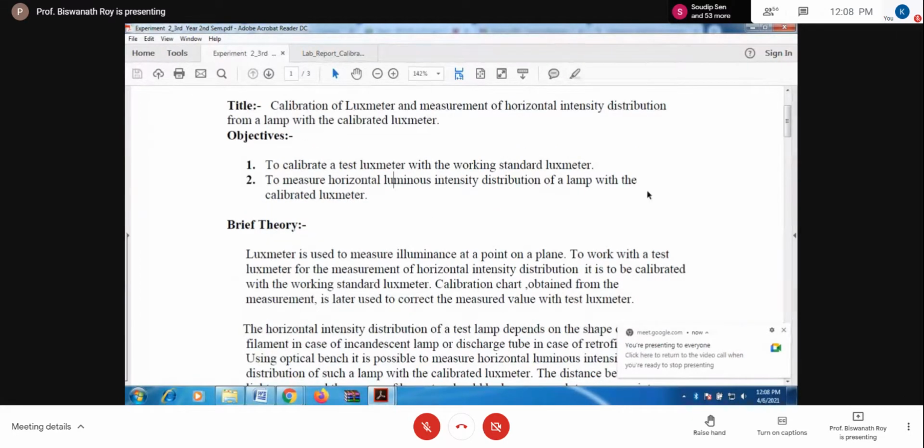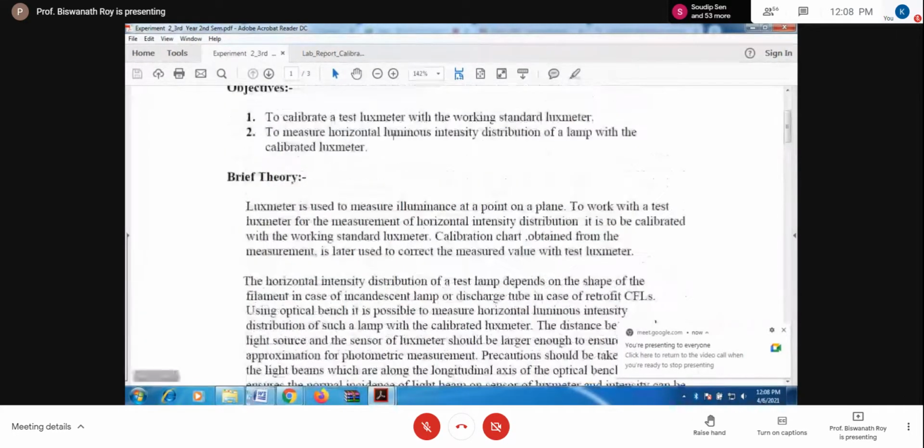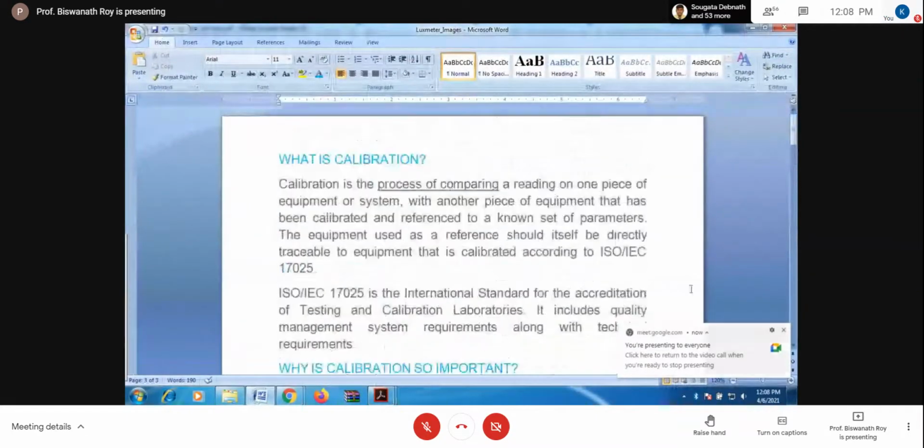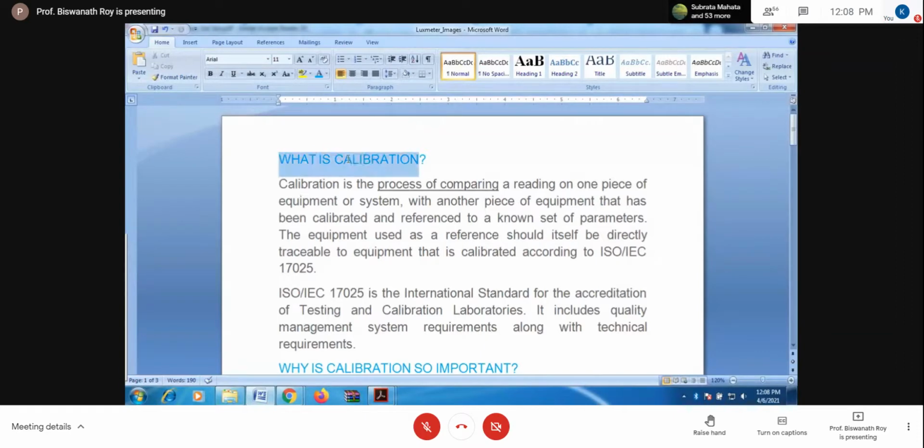So now the brief theory. Let us begin with this small write-up that I have collected from internet. So what is calibration? Calibration is a process of comparing a reading on one piece of equipment or system with another piece of equipment that has been calibrated.